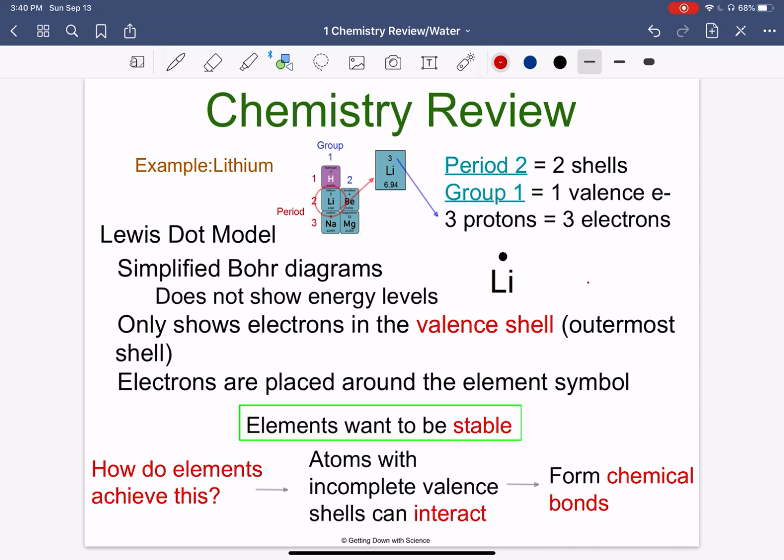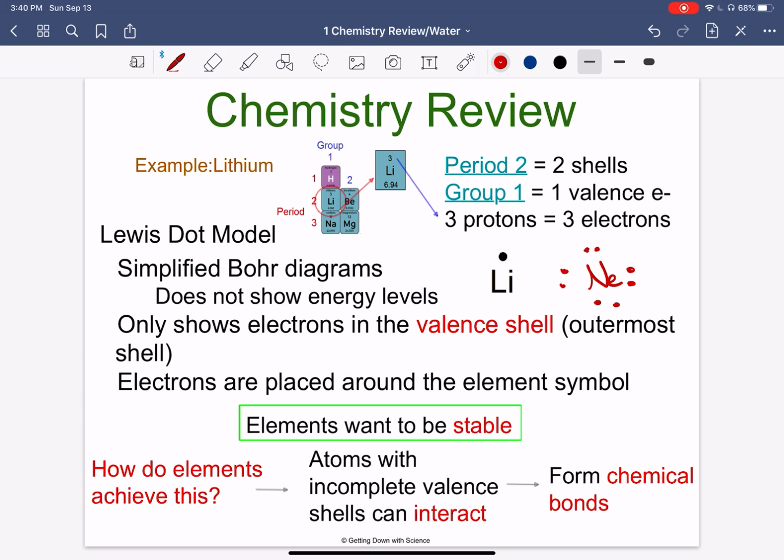So something like neon, using the Lewis dot model, would look like that. It's completely full, it's stable, and therefore noble gases don't react very easily to anything.